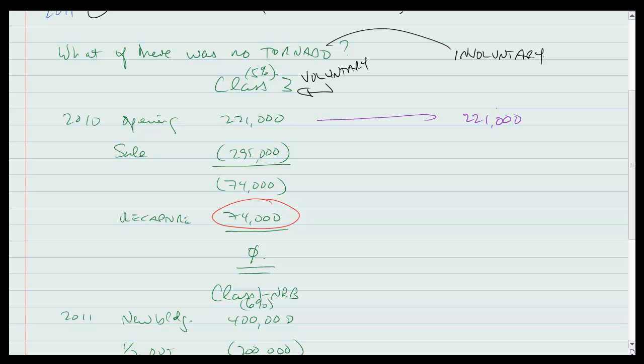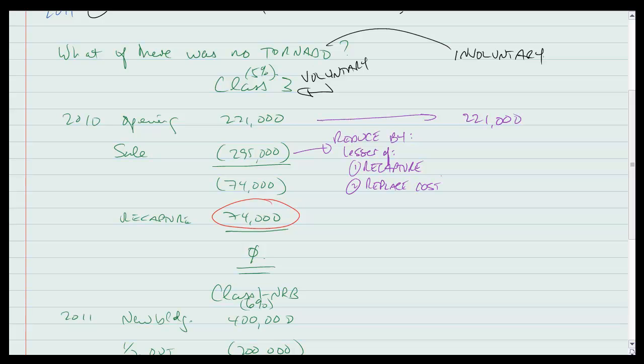But instead of having the proceeds, it's still lower of cost than proceeds, so this number is here. Because it's involuntary, we get to reduce by a number, the lesser of two numbers: the recapture that will result and the replacement cost.